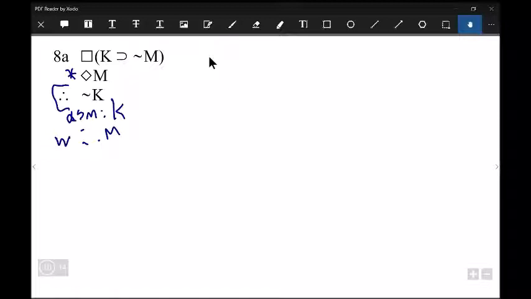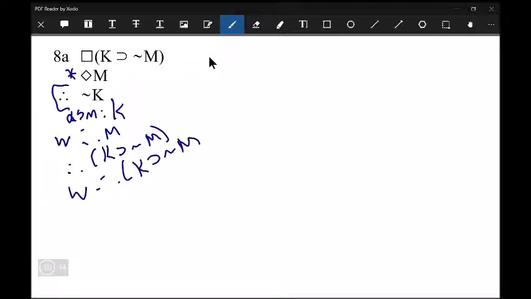You put that in the actual world: K implies not M. And you put it in world W also: K implies not M. And then in world W, you get if-then, deny the second, therefore deny the first, you get not K in world W. And then in the actual world, get K. K implies not M, therefore not M.